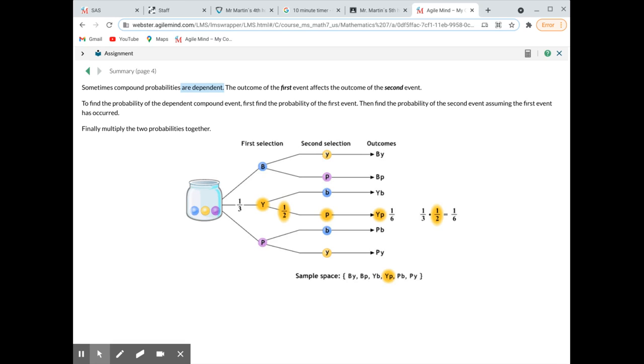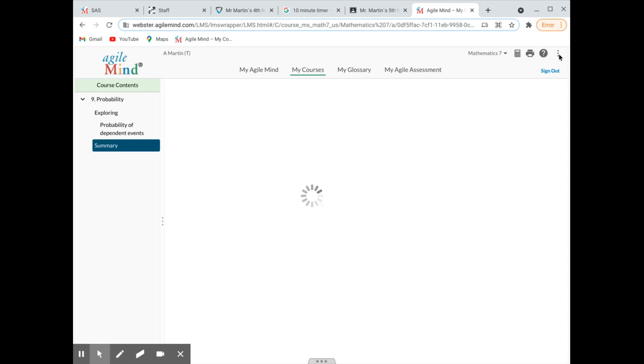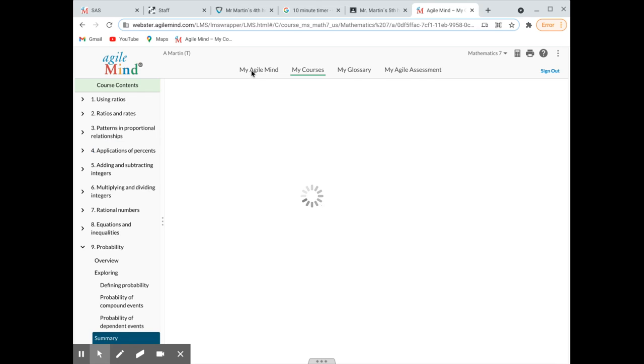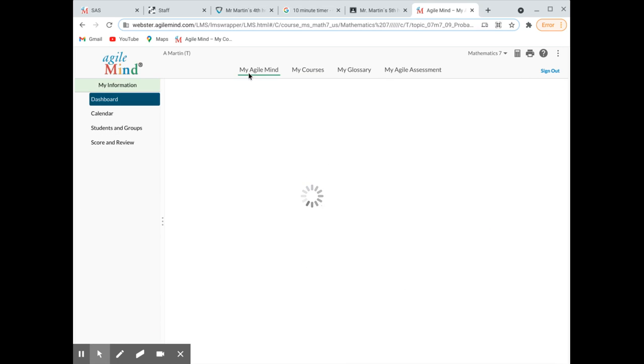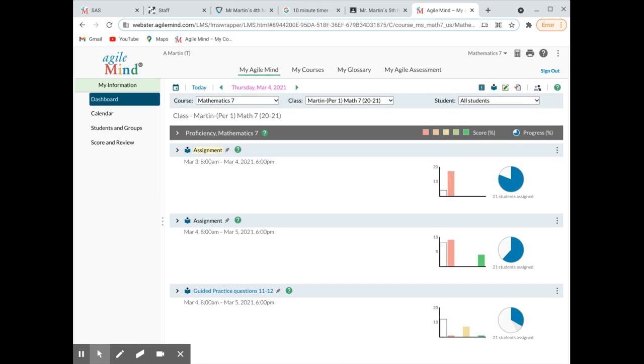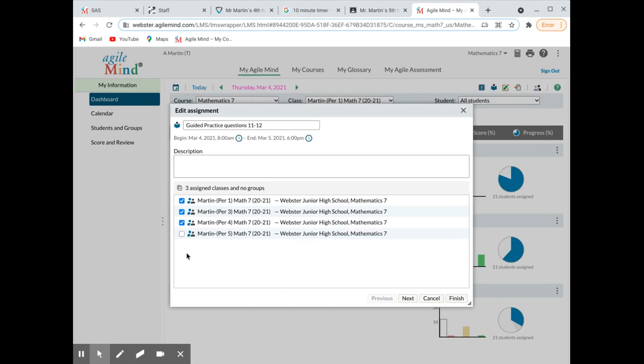However, you have two questions that are going to be put in your agile mind for you to complete right now. And so I'm going to do that right now for you. What I want you to do is answer questions 11 and 12. If you are at home and you don't have these questions, you can look them up on the guided practice.